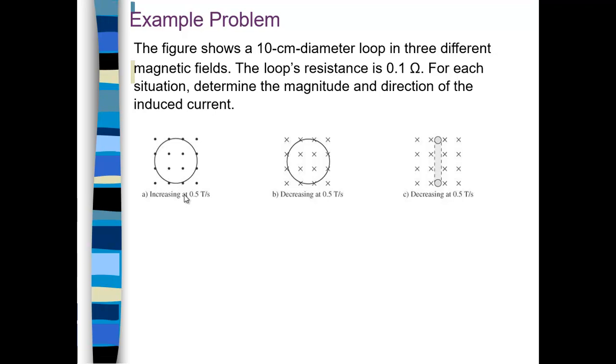And if we use the right-hand rule and it's going down into the page, then our current would be moving clockwise, at a magnitude of 0.0393 amps.